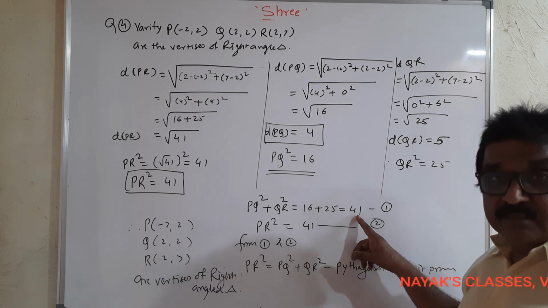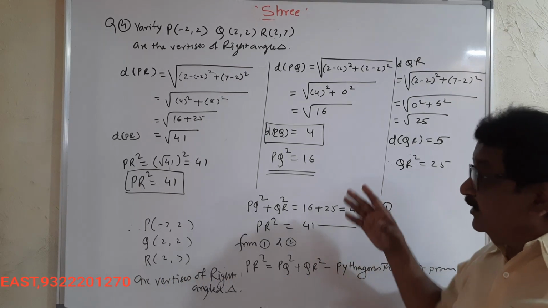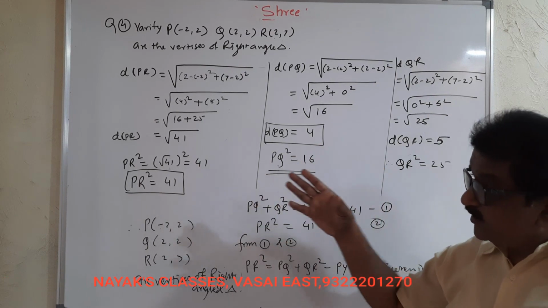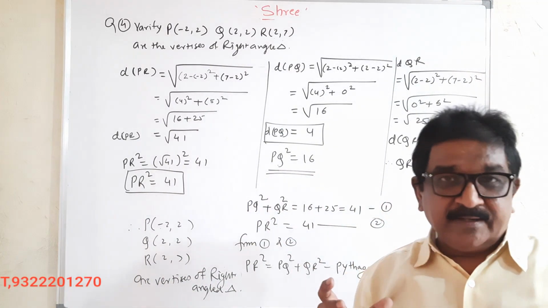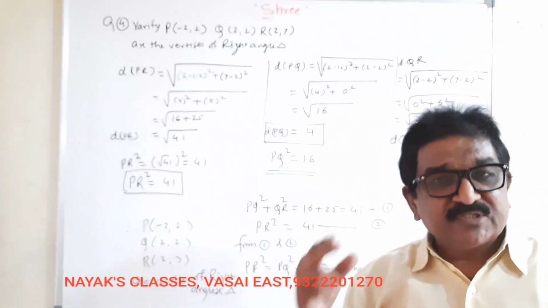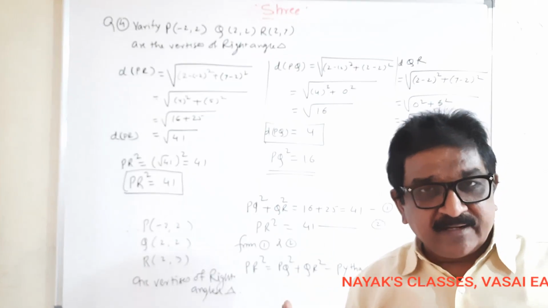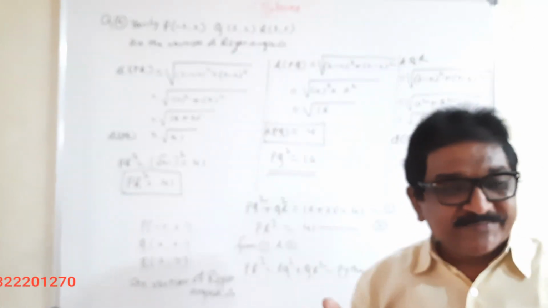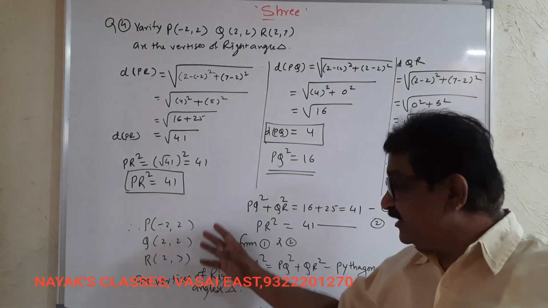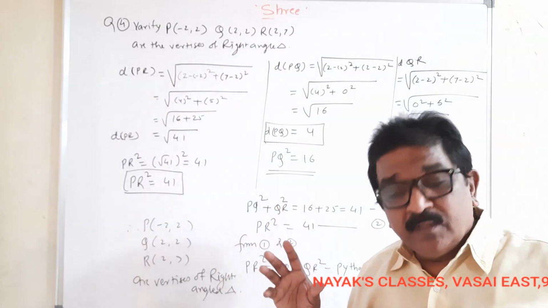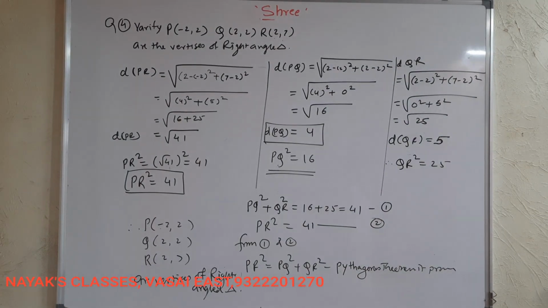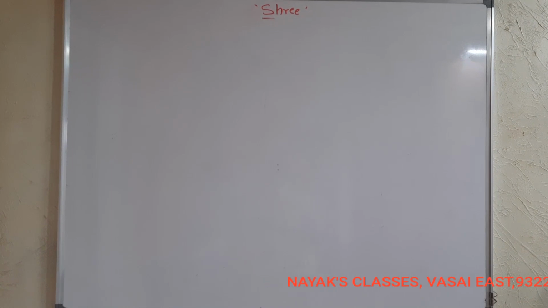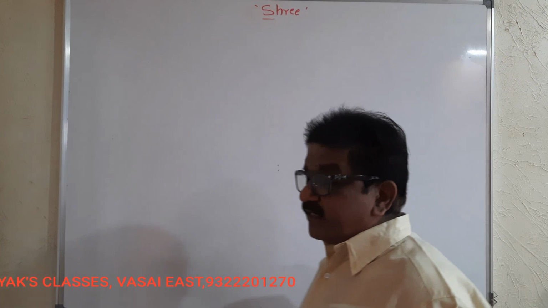Similarly, PR square is also 41. So one big side square is equal to the sum of squares of the other two smaller sides, which is the Pythagoras theorem. So by Pythagoras theorem, these points are vertices of a right angle triangle. We just finished the right angle triangle.